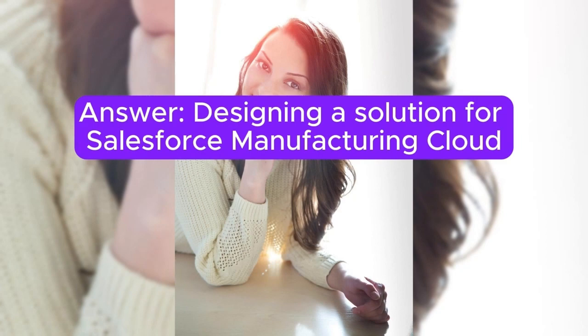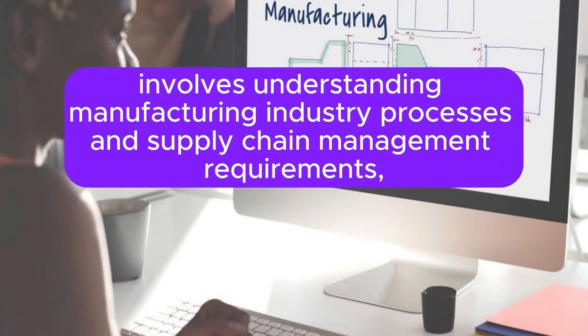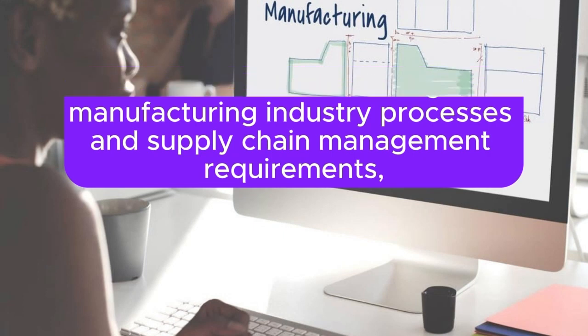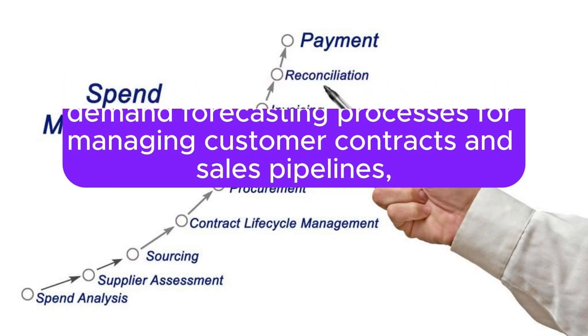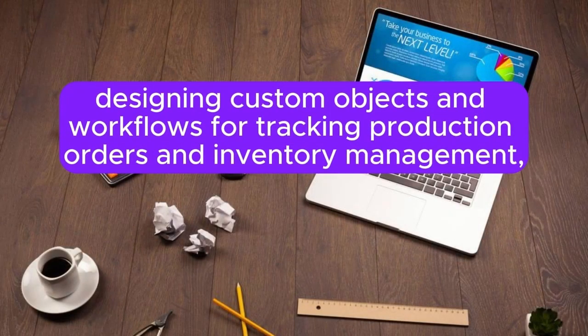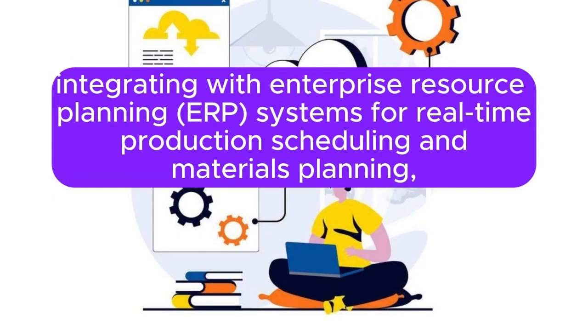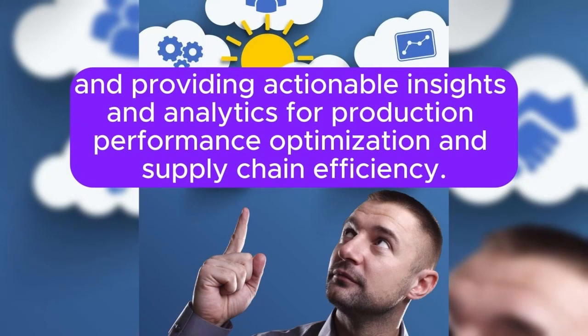Designing a solution for Salesforce Manufacturing Cloud involves understanding manufacturing industry processes and supply chain management requirements, configuring sales agreements and demand forecasting processes for managing customer contracts and sales pipelines, designing custom objects and workflows for tracking production orders and inventory management, integrating with enterprise resource planning (ERP) systems for real-time production scheduling and materials planning, and providing actionable insights and analytics for production performance optimization and supply chain efficiency.